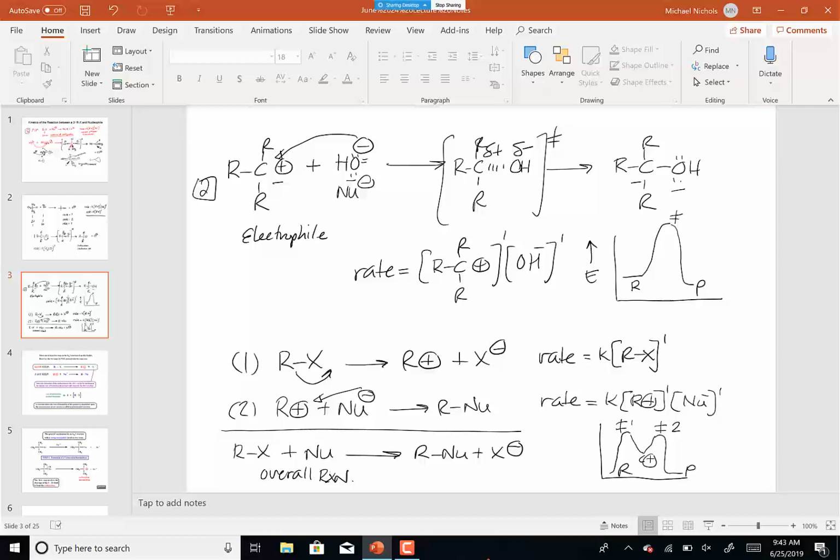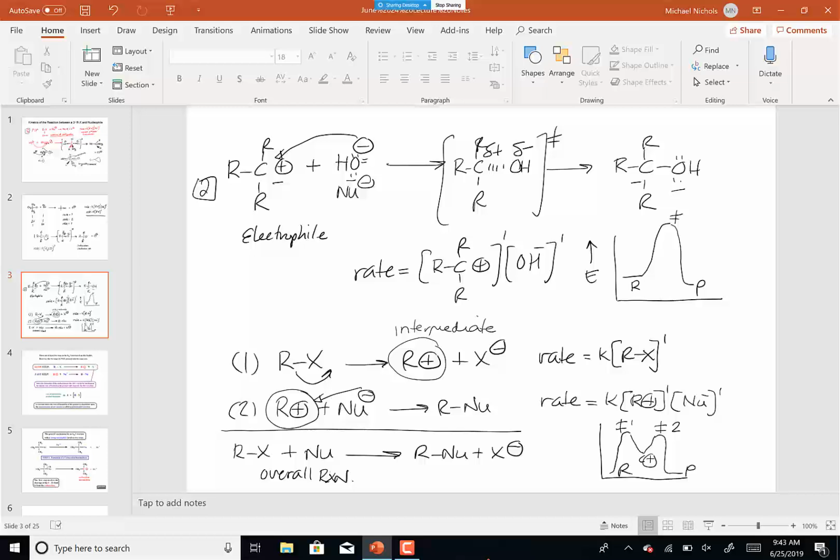What do we call species that show up on both sides of the reaction? They're products and reactants in a mechanism. They're called intermediates. So the carbocation then is an intermediate.